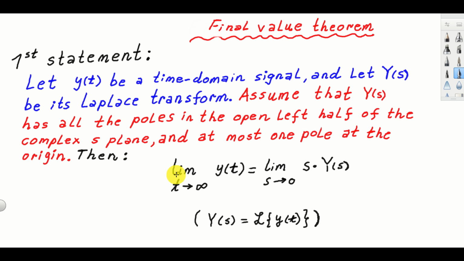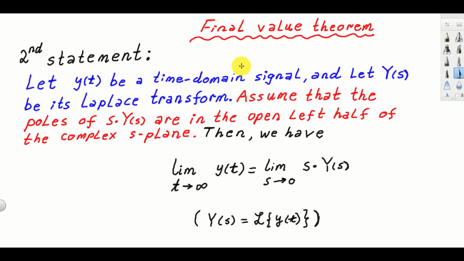Then the limit value when time goes to infinity of the time domain signal y of t is actually the limit value when s goes to 0 of s multiplying the Laplace transform capital Y of S. Over here again, capital Y of S is the Laplace transform of the time domain signal lowercase y of t.